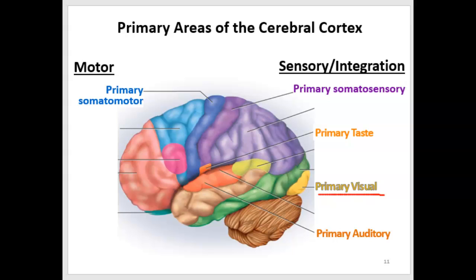So this is the primary visual cortex here in the occipital lobe, where signals from the retina arrive in the cerebrum. And then the fourth primary area that you should be aware of is the primary auditory cortex. So this is in the temporal lobe, it's orange here, and this is where signals from our inner ear are sent to the brain, to the cerebrum. We'll do association areas in a little bit.